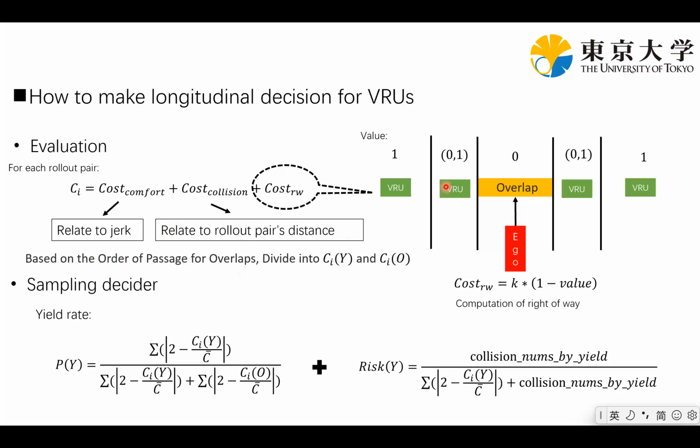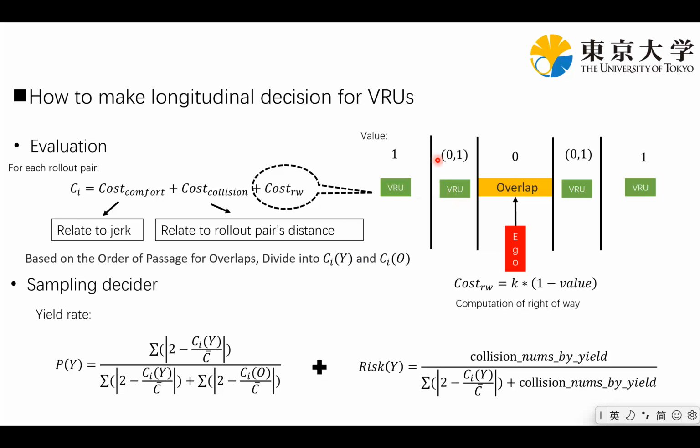The calculation of road right is as follows. First, we determine the time it takes for the AV to reach the overlap, and then calculate the distance between the VRU and the overlap area at that time.